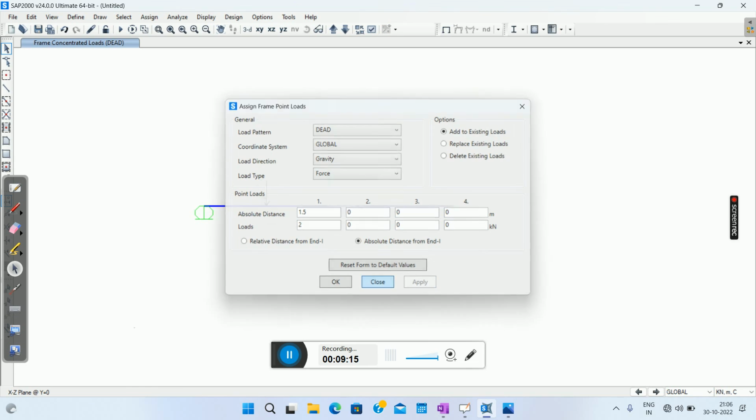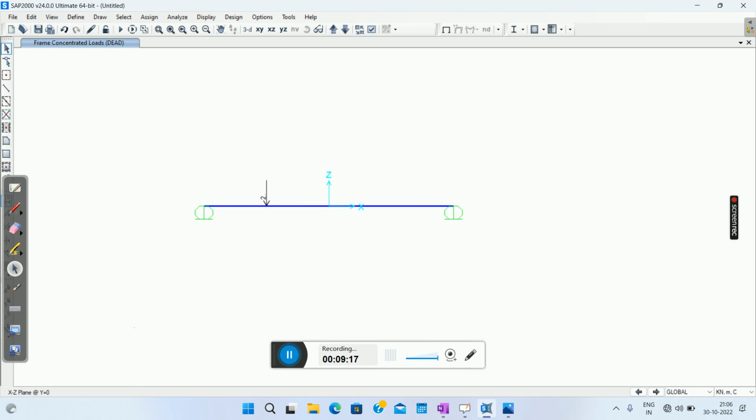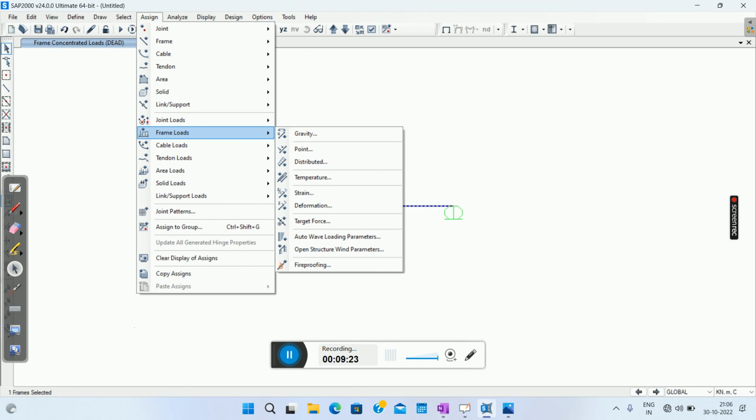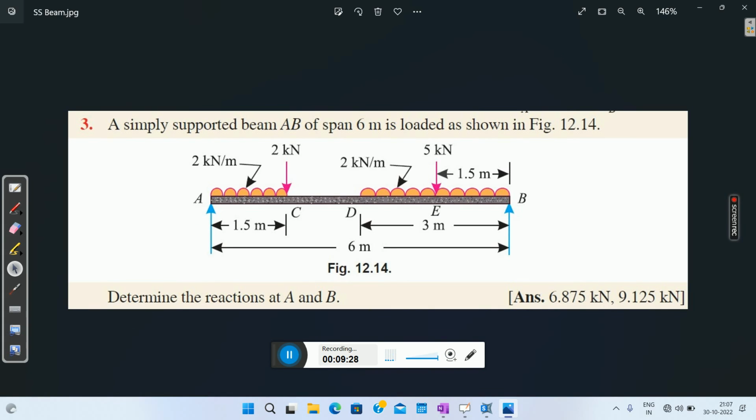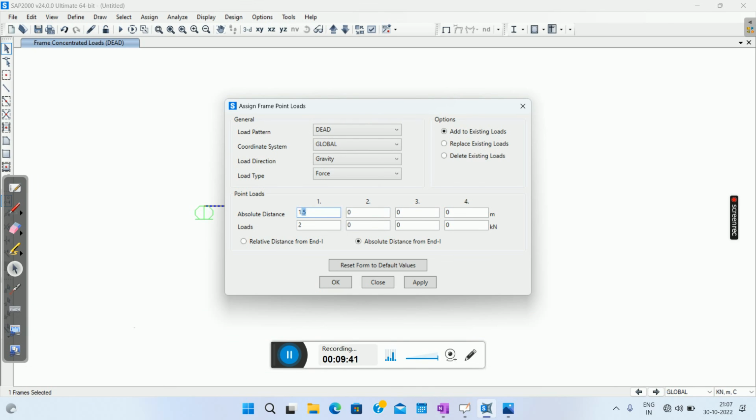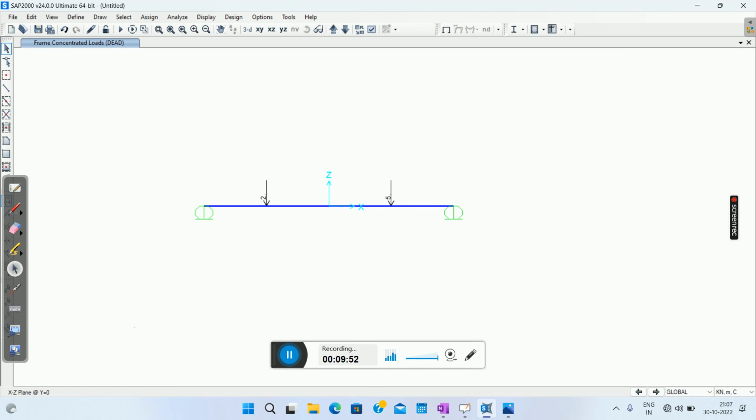Apply, close. Next, select this beam, assign, frame loads, point load. The second one will be 5 kilonewton at a distance of 4.5 meter, 6 minus 1.5. Load will be 5 kilonewton. Apply, close.